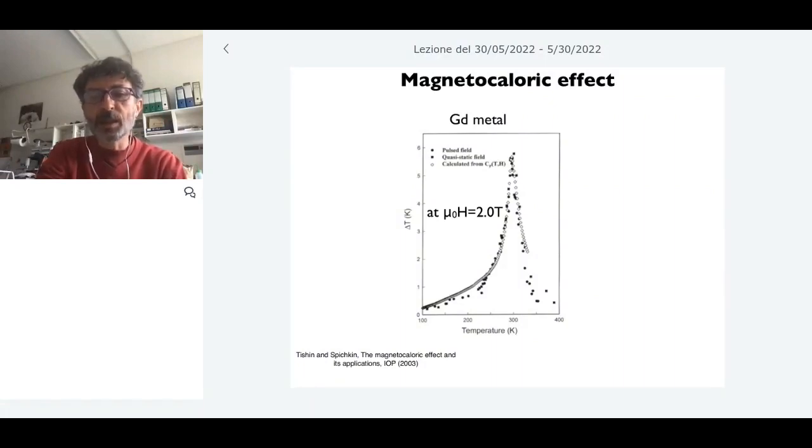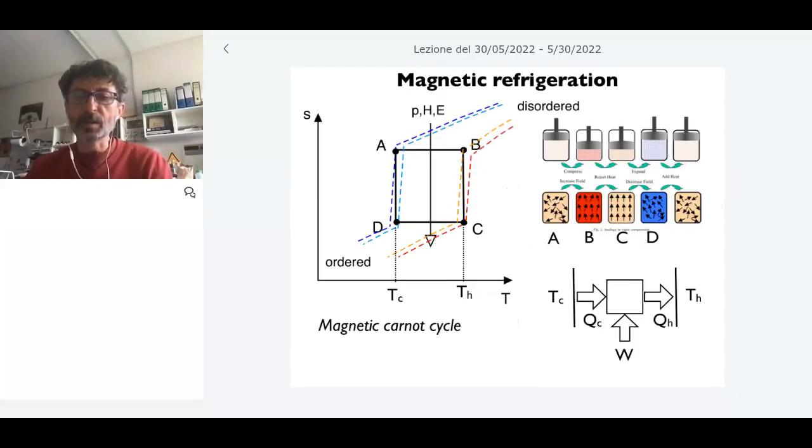Take a magnetic field of 2 Tesla, which is possible to generate, even with permanent magnets or with an electromagnet, and apply the field, and you discover that you may have a temperature change of 6 Kelvin. 6 Kelvin is not that bad. It's already something. So why not try to build refrigeration using these materials?